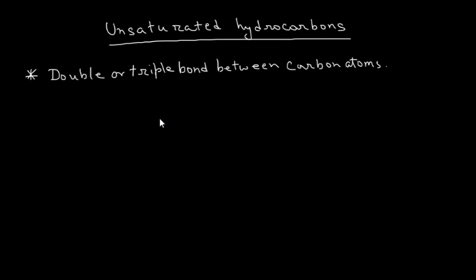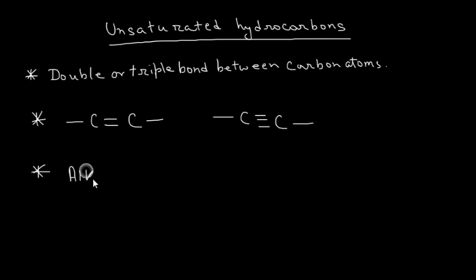For example, carbon in this way, or this way. Double bonds give alkenes and triple bonds give alkynes.